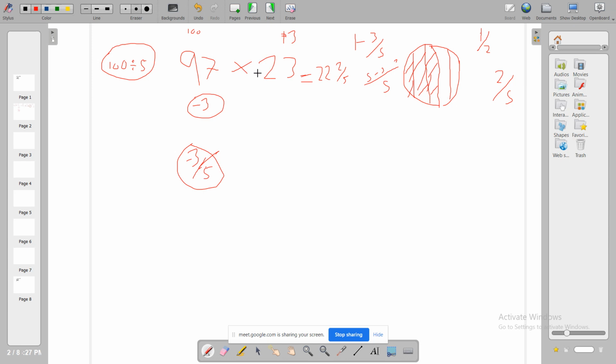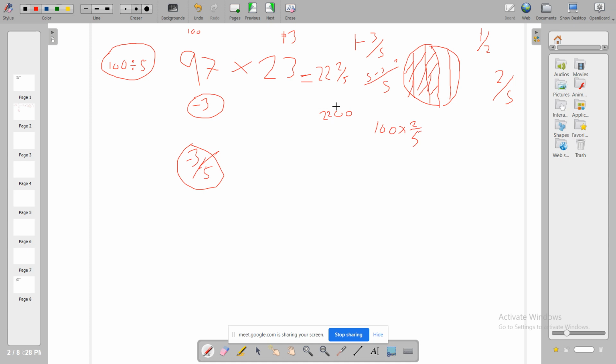The first thing is we multiply the whole number, which is 22. 22 times 100 will give us 2,200. Then you multiply the fraction also by the 100. I'm just doing it separately so that you understand.